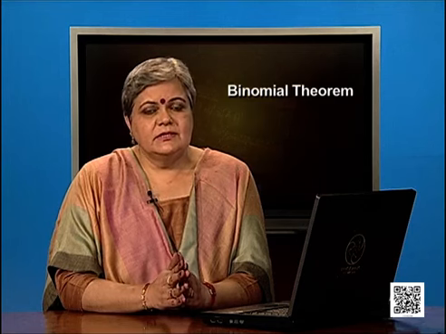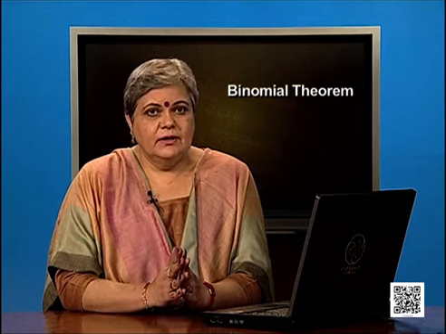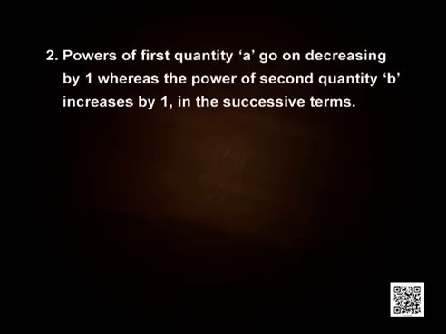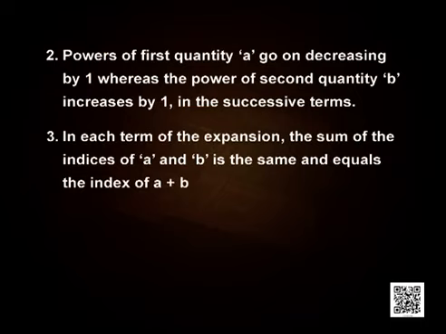Some observations about the binomial theorem. Binomial theorem lets you understand that every time you expand (a plus b) to the power n, the total number of terms is going to be n plus 1. At the same time, the power of the first quantity decreases and the power of the second quantity increases in each successive term, and the total power of a and b is always the same as the index of the expansion.